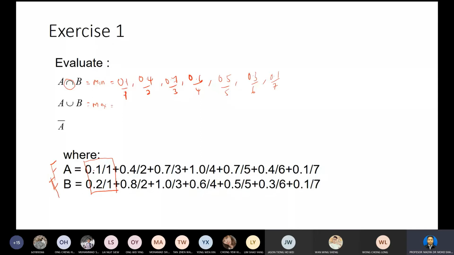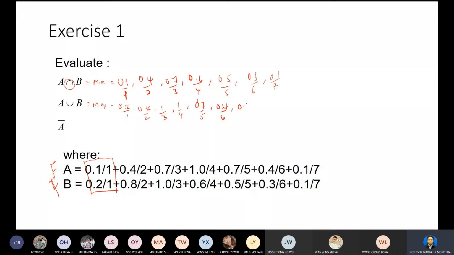For example, sequence number 1, 0.1 compared with 0.2, the answer will be 0.2. Then 1, 0.8, 1, 1, 0.7, 0.4, and 0.1.